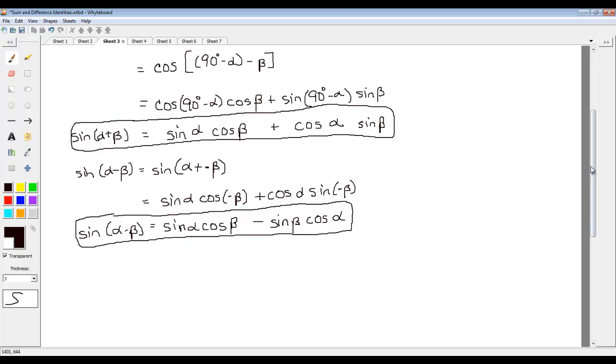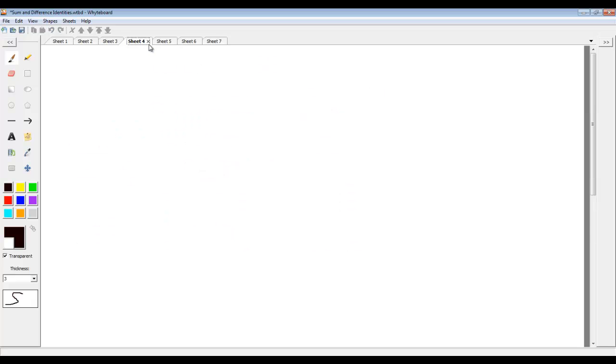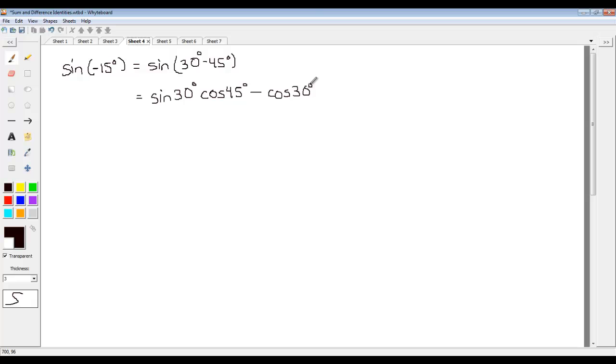Okay, so let's look at an example with the sines. Let's say you have to do sine of negative 15 degrees. Before, you couldn't do that on your circle, but now you can rewrite negative 15 degrees as 30 degrees minus 45 degrees and work with that. Because now you know that this is the same thing as sine of 30 degrees, cosine of 45, and then we get to keep the minus, cosine of 30 degrees, sine of 45.